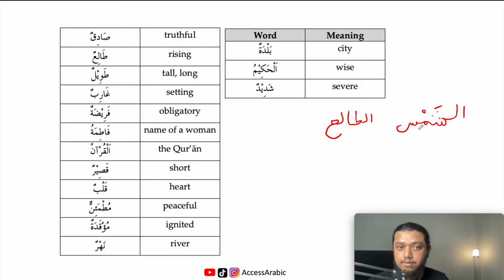Shams is a feminine word, remember? So we would have to say Ash-Shams at-Tali'ah. Can you see I made this word Tali' feminine by adding a fatha to the last letter and adding the ta marbuta. So Ash-Shams at-Tali'ah, the rising sun.